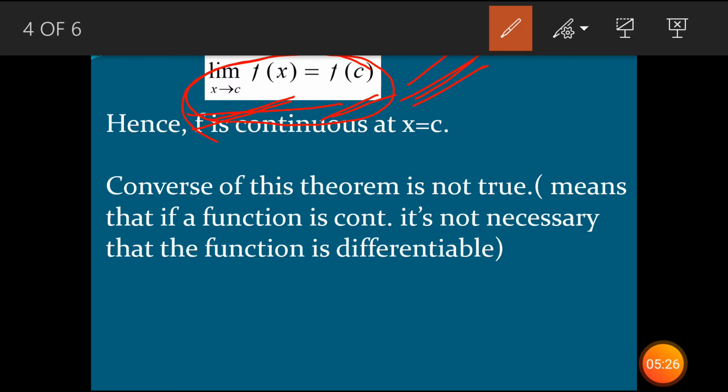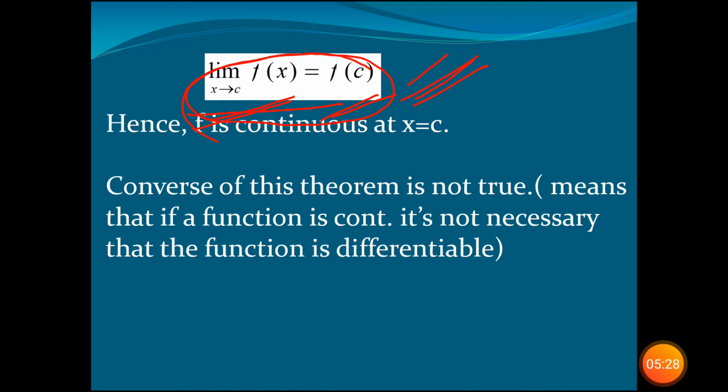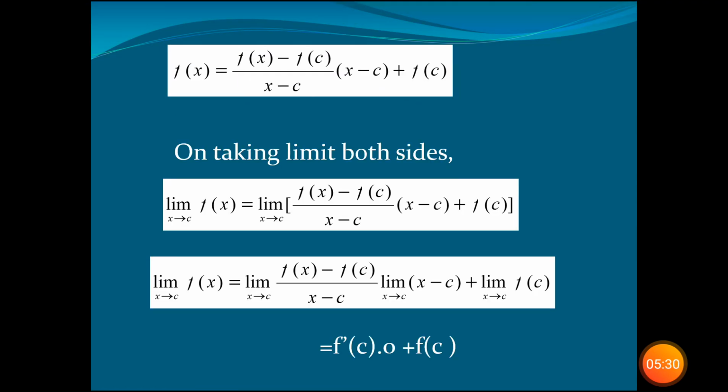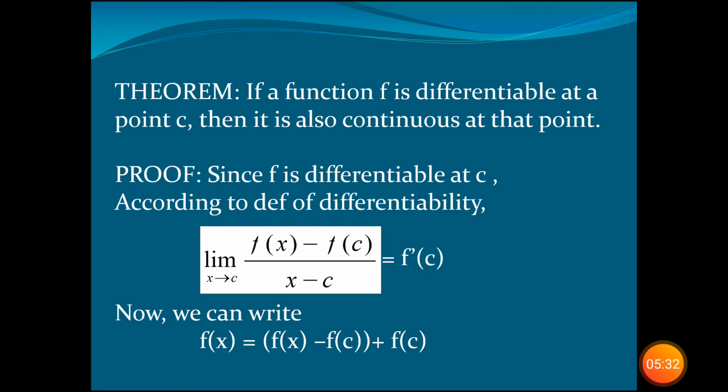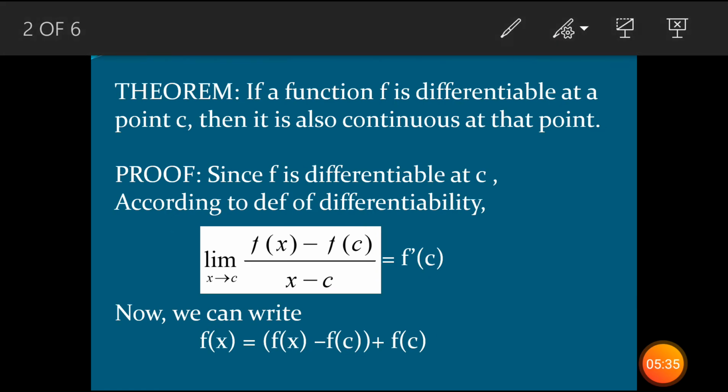So how? For that, just see, first of all, from whatever the given statement was, we have concluded this, and after that we have written this from our side. Then we simply divide this quantity by x minus c and also multiply by x minus c.